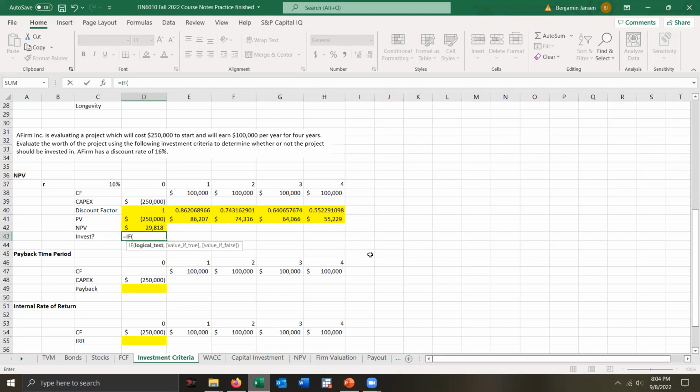The condition we're testing with these capital budgeting tools: are they adding value or not? So with NPV, is NPV greater than or equal to 0? If it's true, and if it's false, right? So now we have our if statement set up.